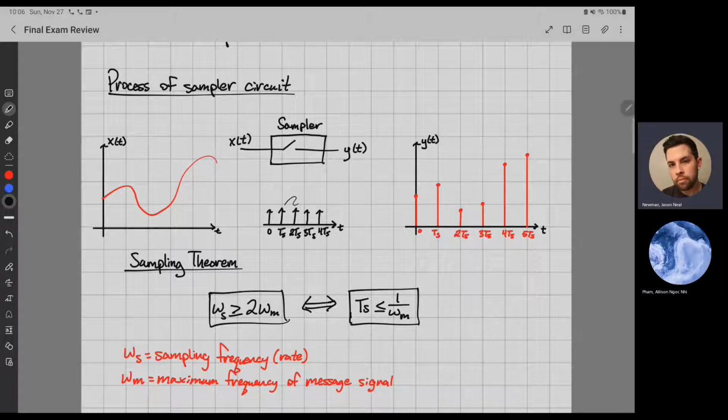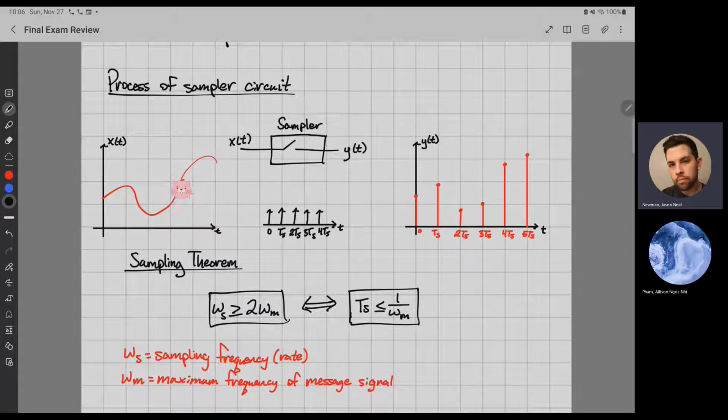TS is your sampling period, and every TS, the switch closes briefly to give you one little output. At the next TS, 2TS, the switch closes and gives you another output. Next TS, 3TS, the switch closes and gives you another output. All the other times, your switch is open. This switch is primarily an open circuit, but for a very brief amount of time, the switch closes and gives you a small little output waveform. And that's how the sampler works.